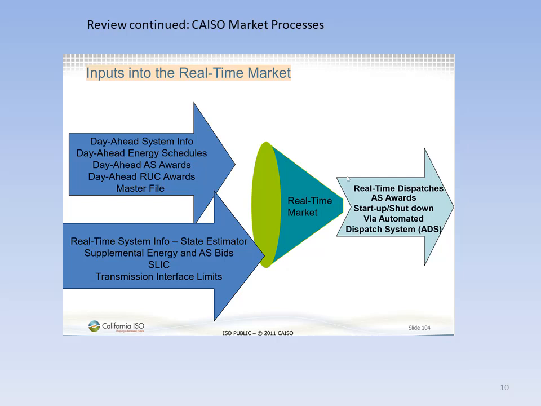CAL-ISO determines its ancillary service needs on the basis of an internal demand forecast, and obtains these ancillary services, either through self-scheduling resources in its territory, or through participation by resources in the CAL-ISO ancillary services market.